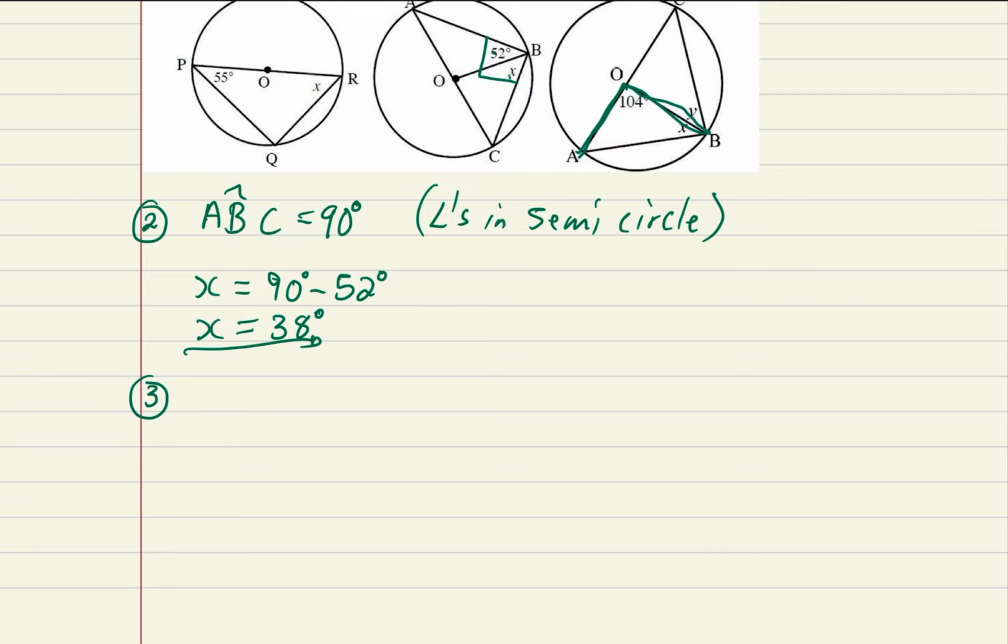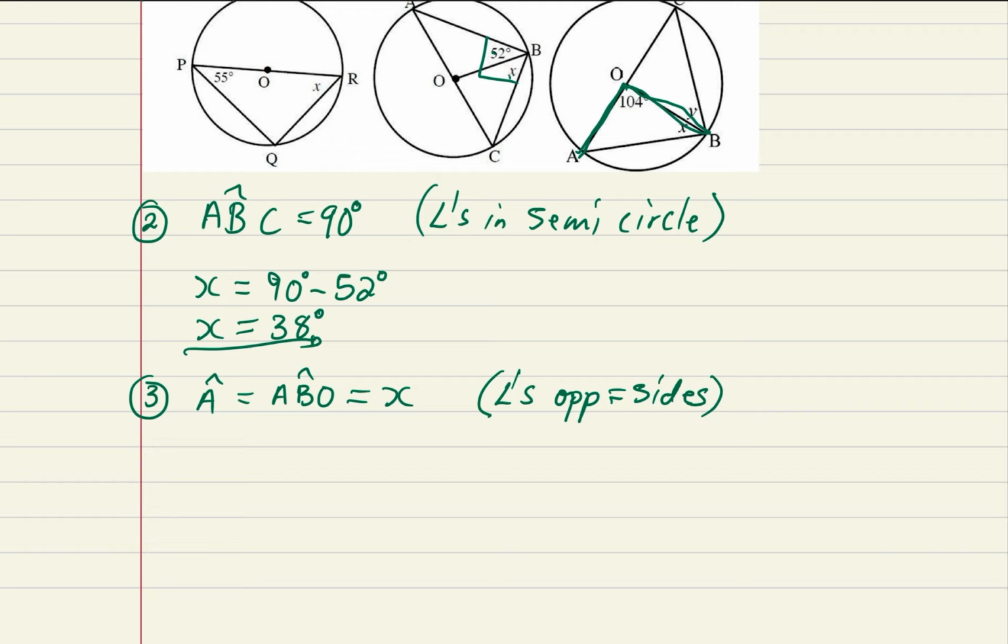But before I do that, I will say angle A is equal to angle ABO, which is x. Why is it so? It's because these are angles opposite equal sides.